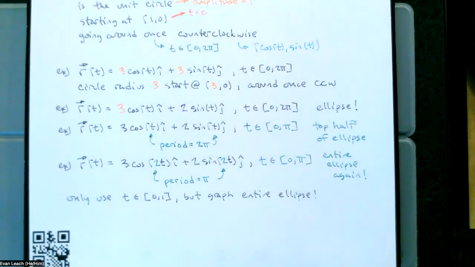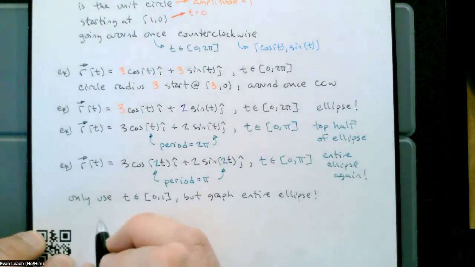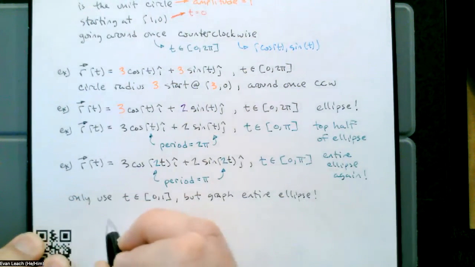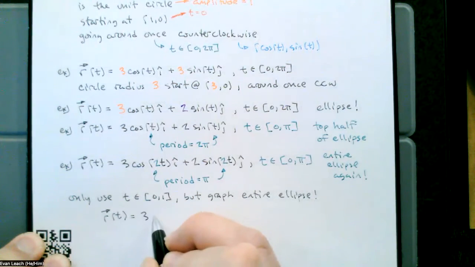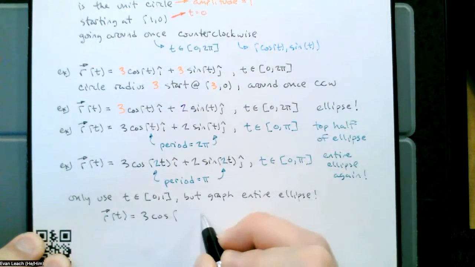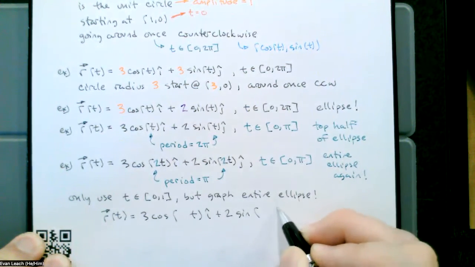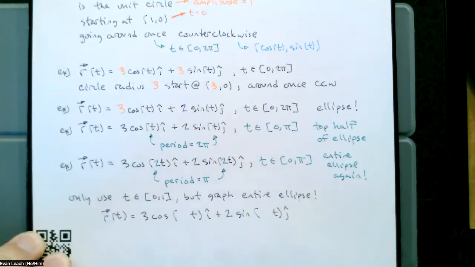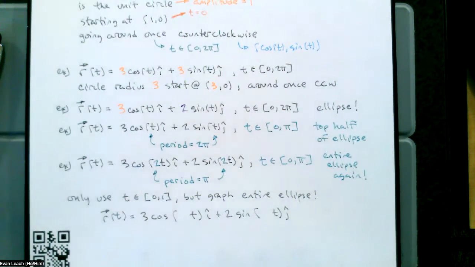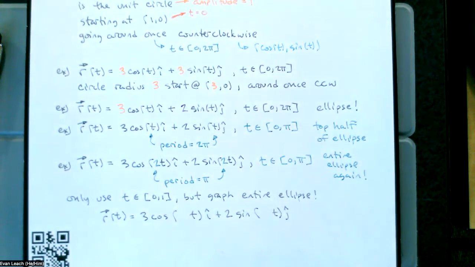Let's suppose that we only want to plug in values of t from 0 to 1, but we want to make sure that we graph the entire ellipse. So we know that we can do that. Here's how we get the ellipse. But now we're going to adjust our coefficient of t to make sure that the period is 1 and not 2 pi.